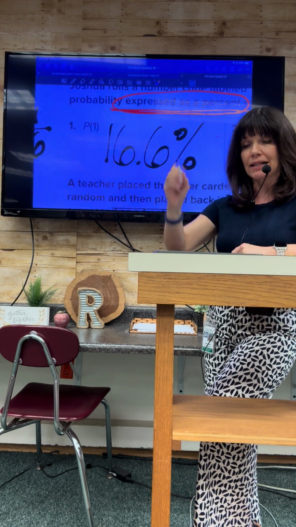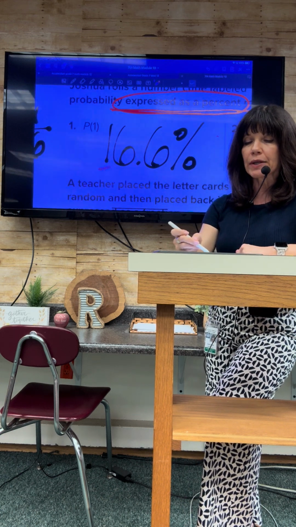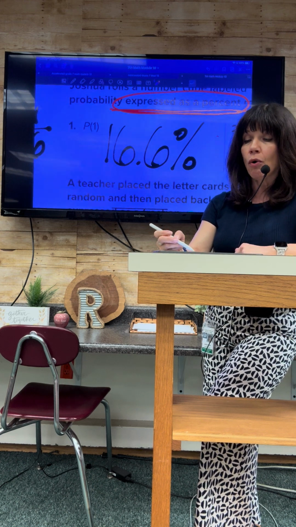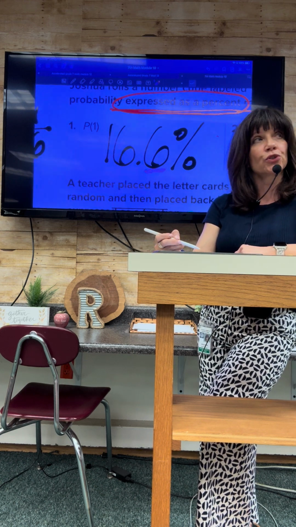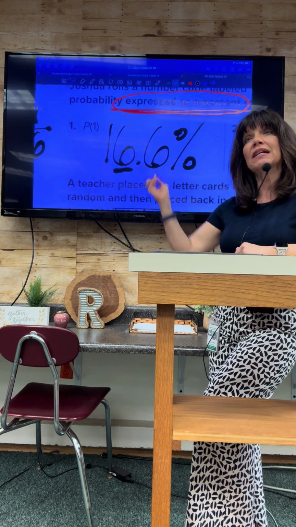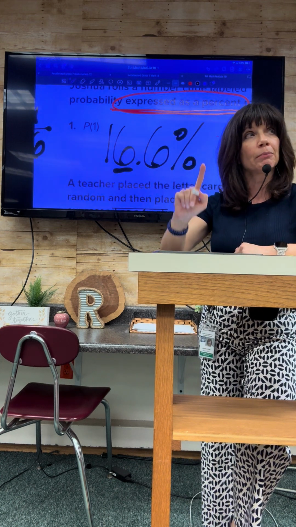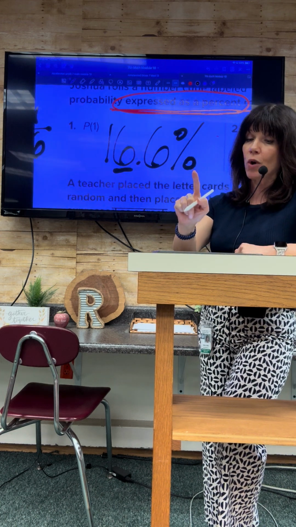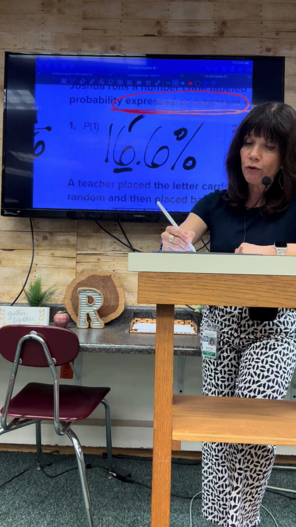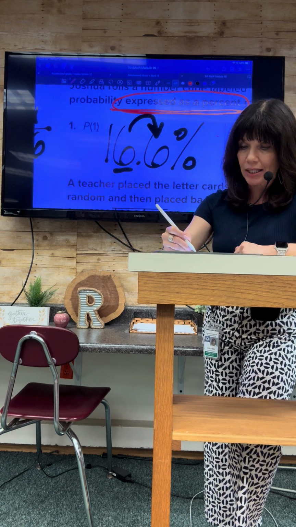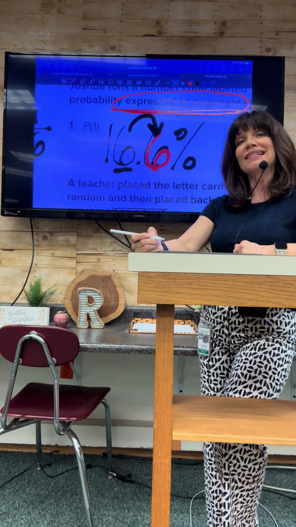Do you think I'm going to underline the 1 or the first 6 or the last 6? Which one, class? I'm underlining the first 6 I come to because that is the ones place. Remember, when you're rounding to the nearest whole number, you are rounding to the nearest ones place. Draw your arrow from that place to the right. I call this my magic number. My magic number is 6.